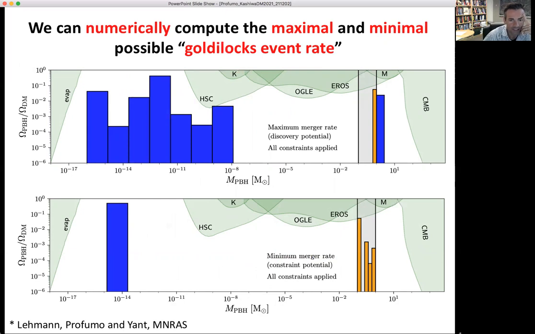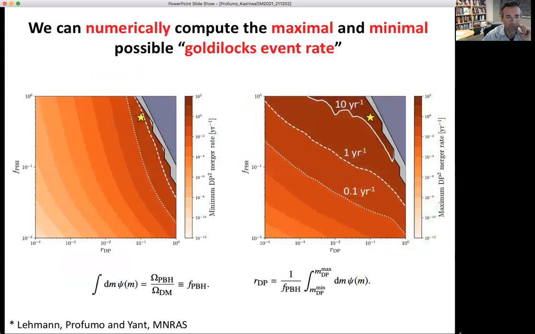And so, for instance, given all constraints that are known and viable at the moment, one can calculate both the maximum merger rate mass function and the minimum merger rate mass function that contains a given fraction of light and yet detectable black holes for LIGO.